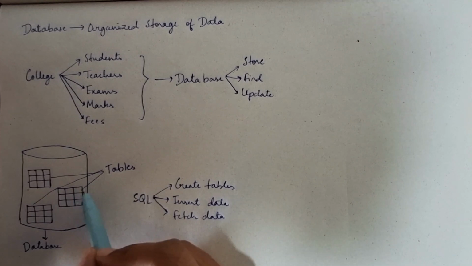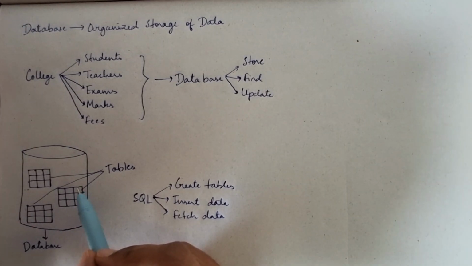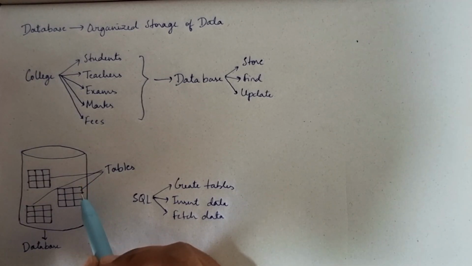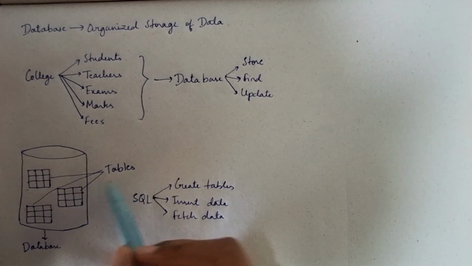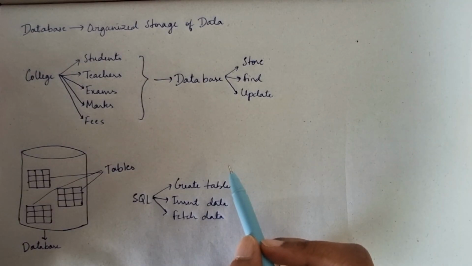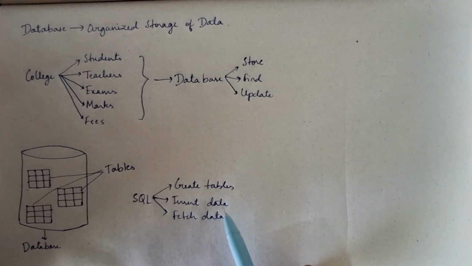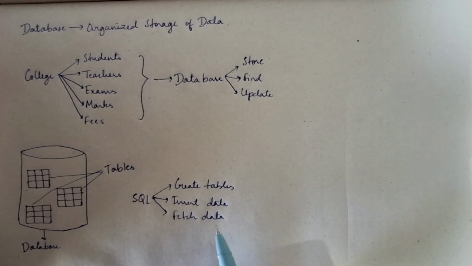These small boxes are tables. So remember this clearly: a database contains tables and tables contain rows and columns. And SQL is used to work with data inside a database. We use SQL to create tables, to insert the data, and to fetch the data from the database.